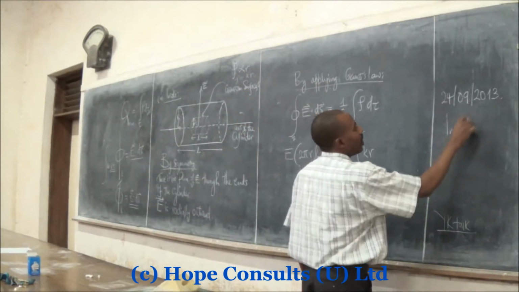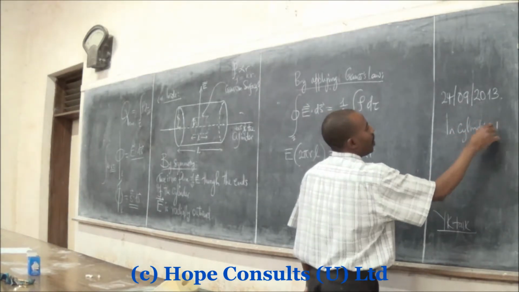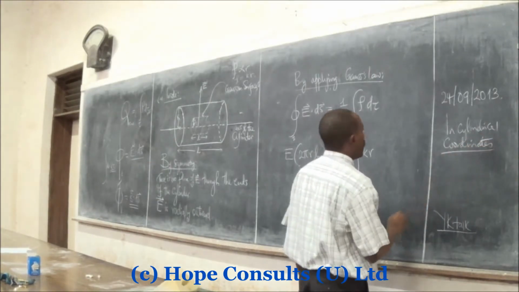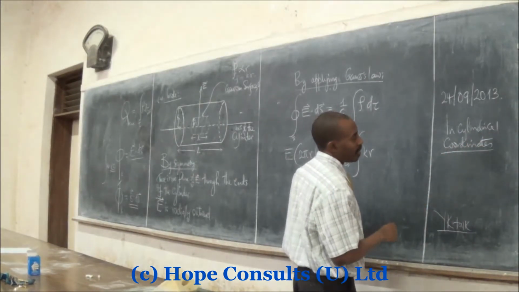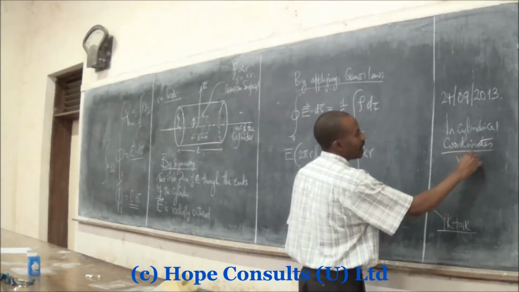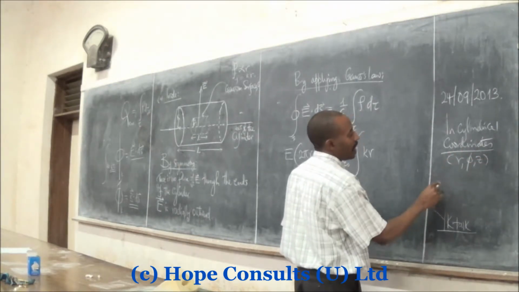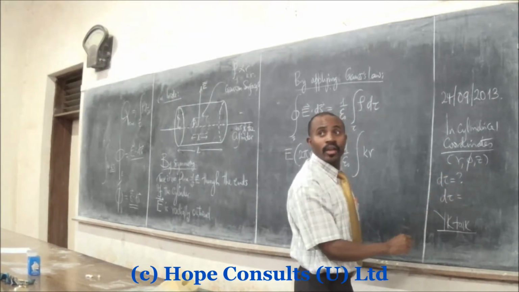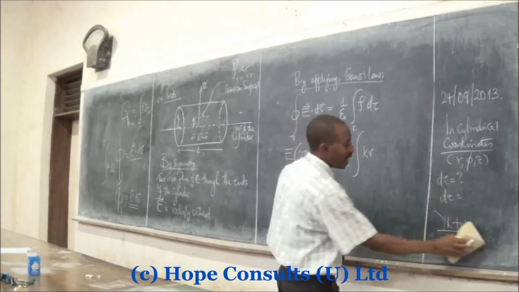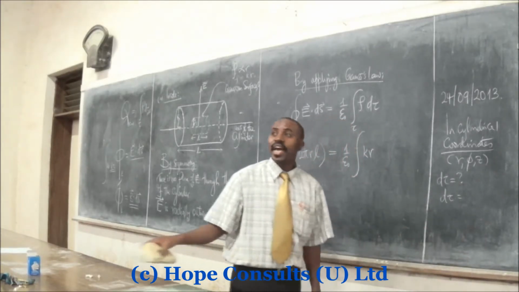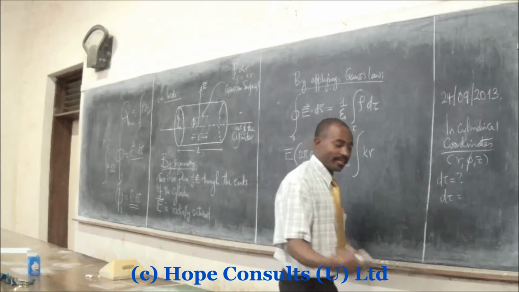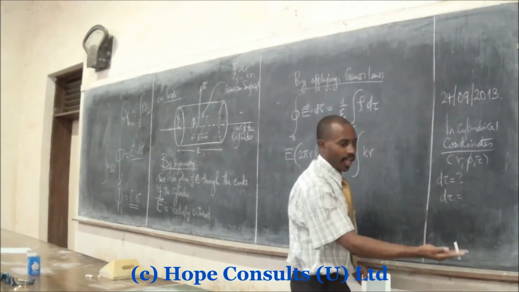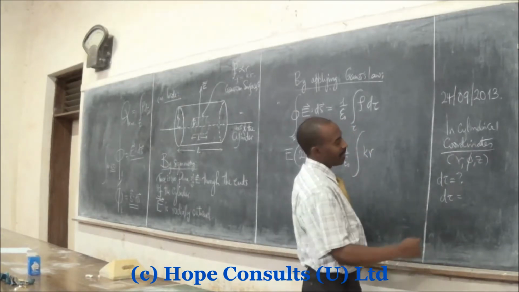In cylindrical coordinates, which I'm going to explain a little bit, r, phi, z, what is d tau? In Cartesian coordinates, d tau would be dx dy dz.